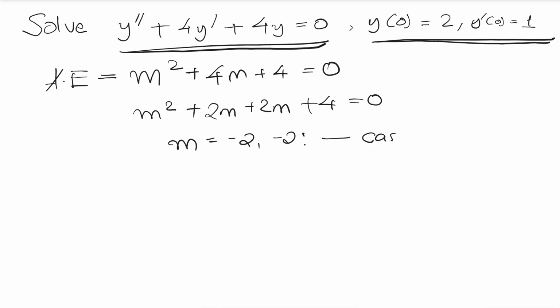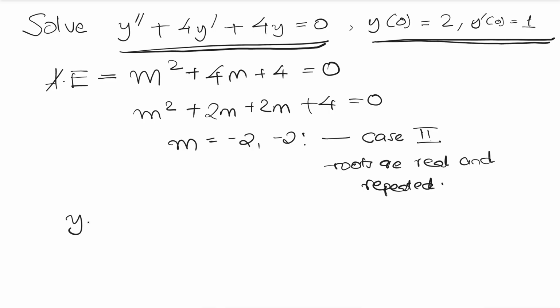And this will fall upon case 2, whereby roots are real and repeated. So when roots are real and repeated from case 2, the solution becomes (c1 plus c2 x) e power mx.